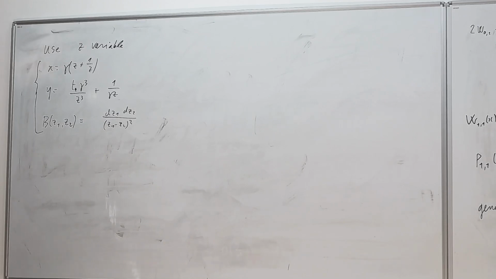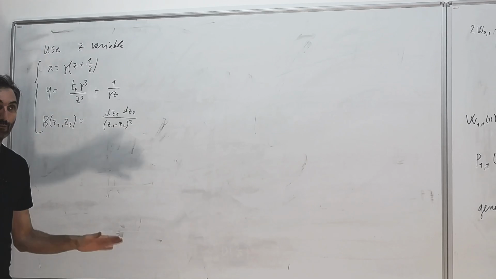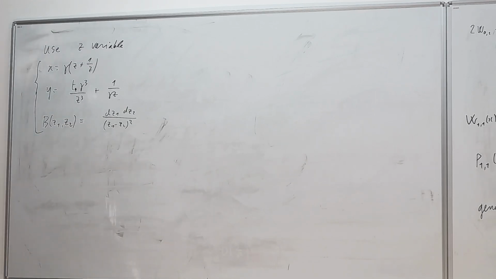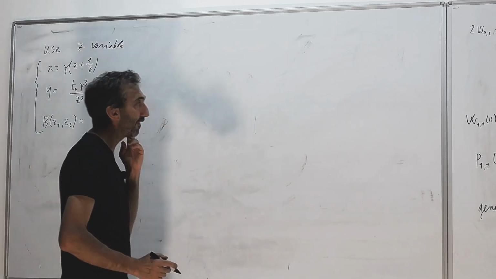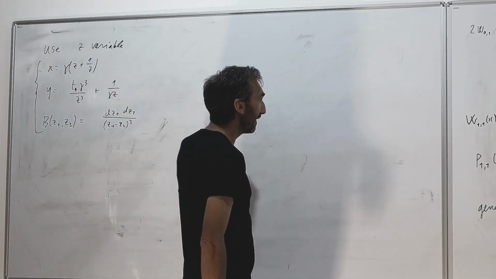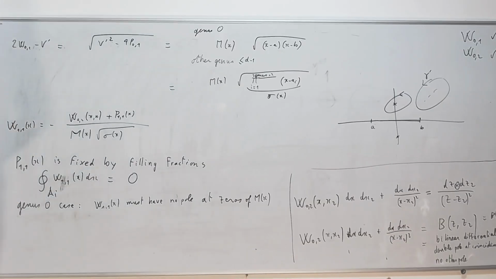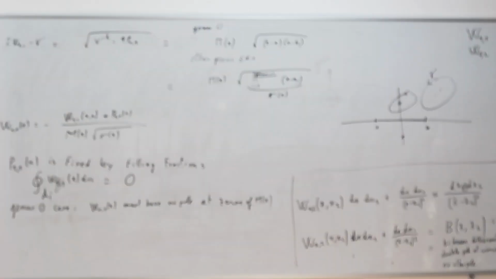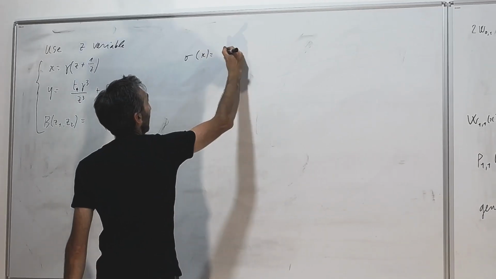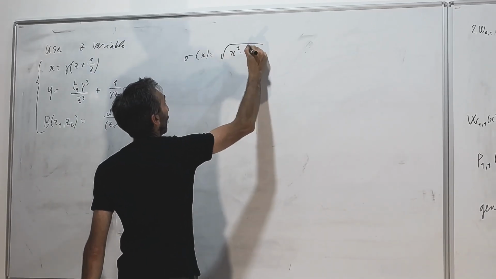Let's take this spectral curve to illustrate what I'm saying, but what I'm going to talk about works in general, but let's take an example. In this example, so basically we shall use the Z variable, or first of all, sigma of X in this language is square root of x squared minus 4 gamma squared.